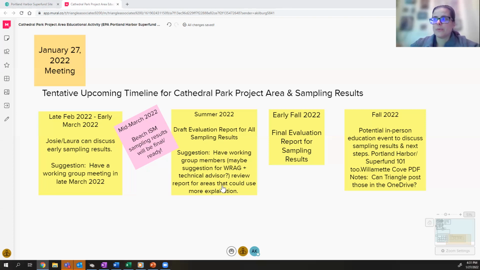Josie and I were talking about this because that report is different than, remember when the Willamette River Advocacy Group that I know Mark is with directed their technical advisor Marcus to review the quality assurance plan for Cathedral Park for the sampling, and Marcus actually gave us comments. Do folks remember that? I remember, Laura. Okay, Josie remembers it.